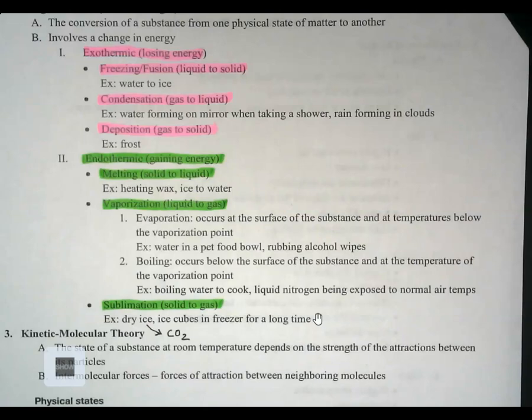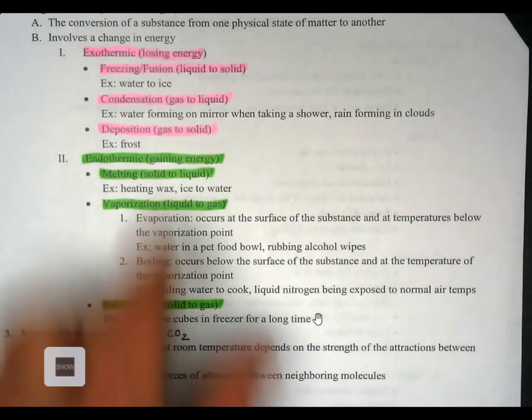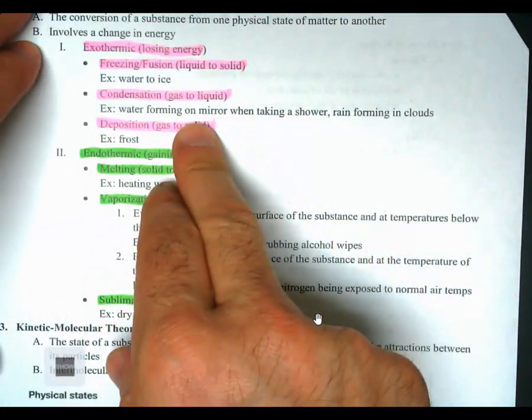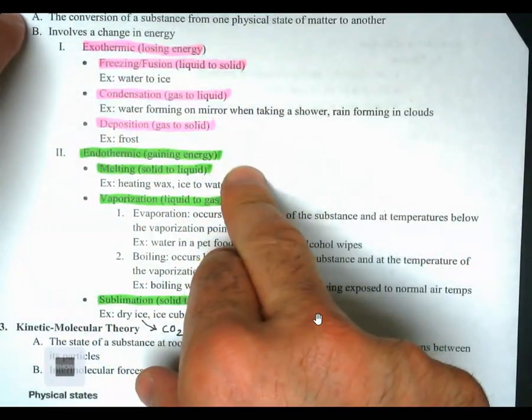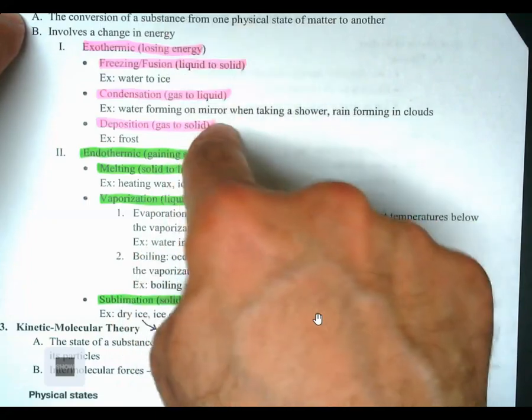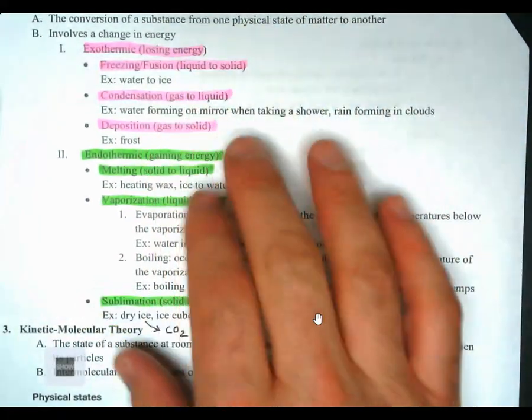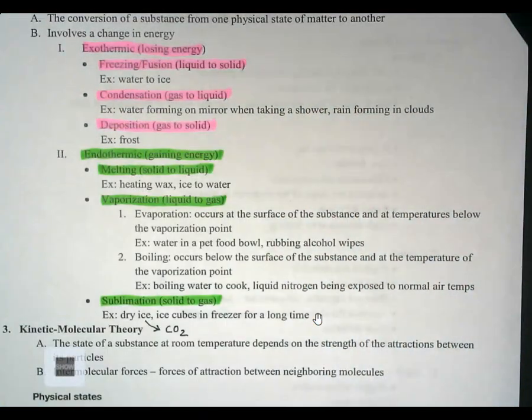So they're not really great things to think about phase changes with. What you want to do is think about these in terms of what state of matter it is coming from, what state of matter it is going to, and what's happening to the energy. All right. So, for example, freezing or fusion, like water turning to ice, right?